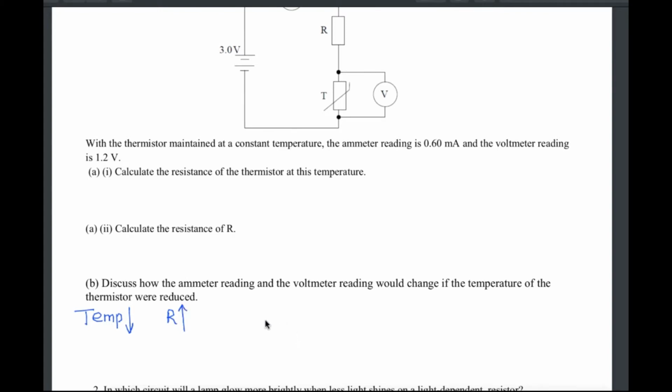So if resistance is more, then total resistance increases. And in this case, ammeter reading decreases.